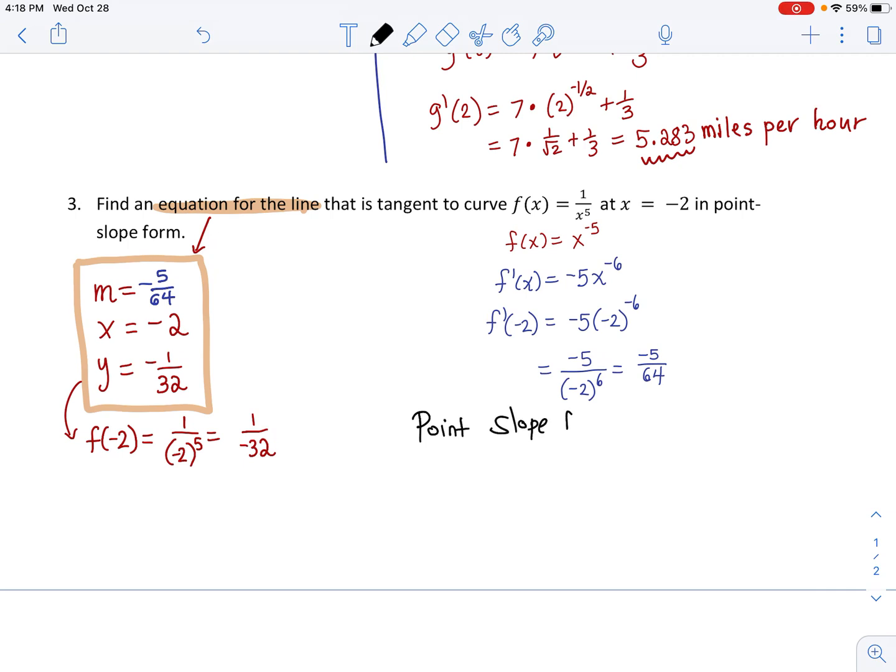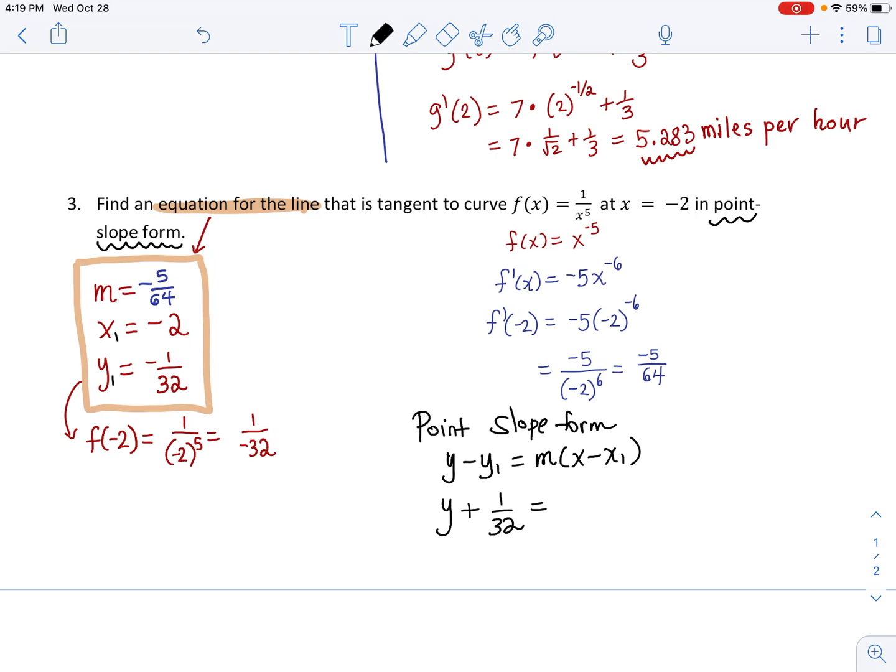Let's do the point slope form. And look at that, I'm asking you to write the equation in point slope form, so we don't have to write this in slope intercept form. Point slope form is y minus y1 equals m times x minus x1. X1 is negative 2. Y1 is negative 1 over 32. Let's do this. Y minus negative 1 over 32, but minus negative, I'm just going to write this as a plus.